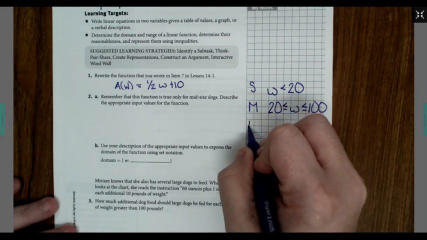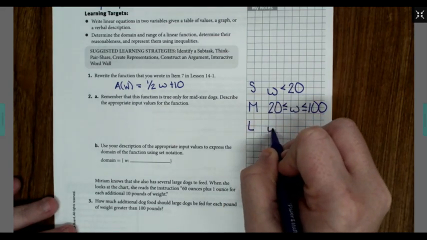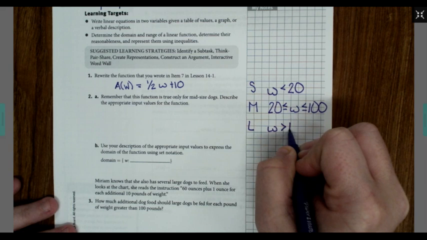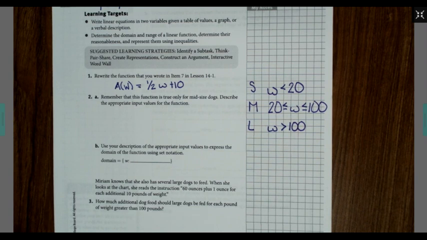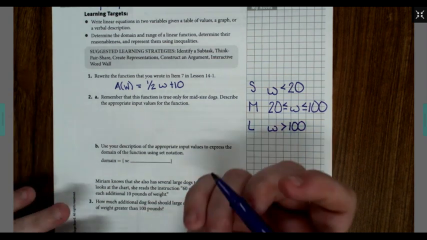And our large dogs were any dogs that were greater than 100. So what would our input values be? What kind of numbers could I plug into this function? That's right, anything between 20 and 100.